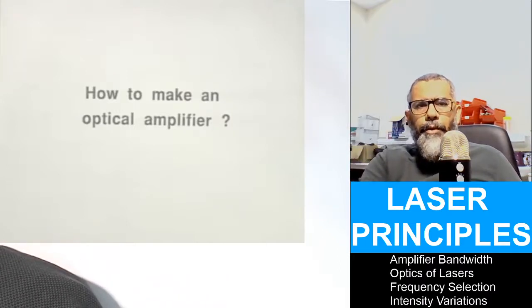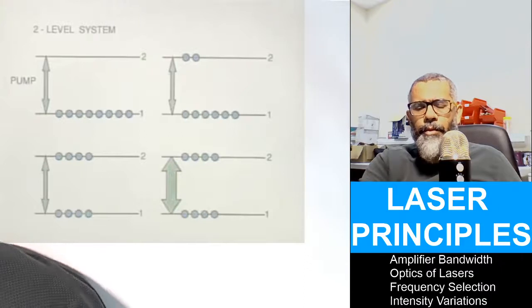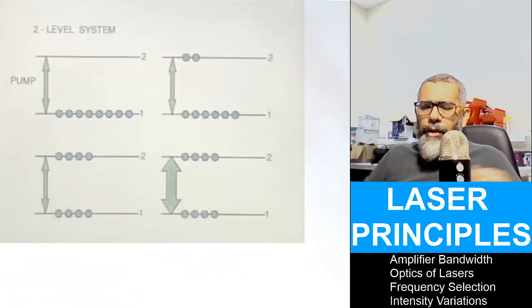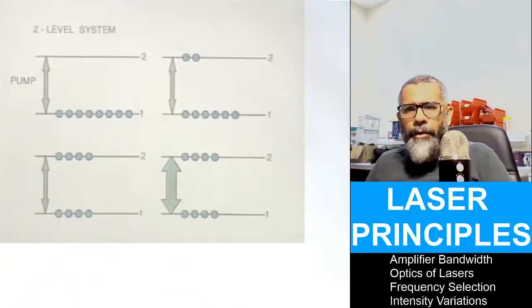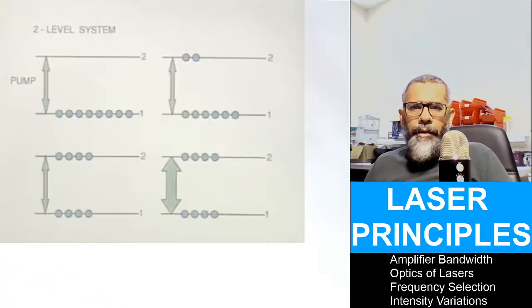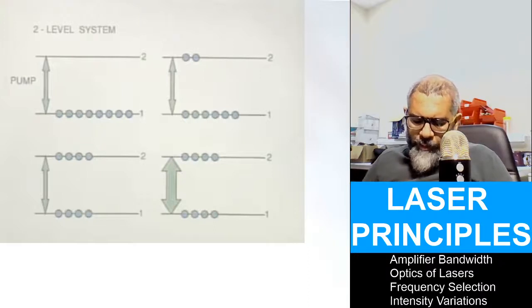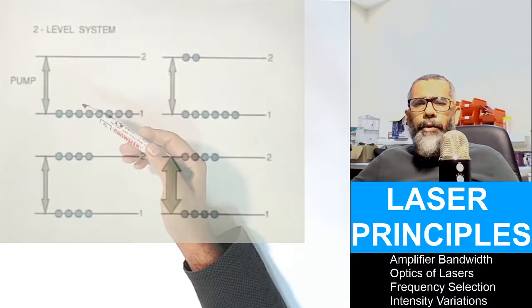But suppose that you have a medium which has only two levels for its atoms. There is no such atom in reality, but suppose you have a system of atoms with only two levels, and you want to first build up an optical amplifier.